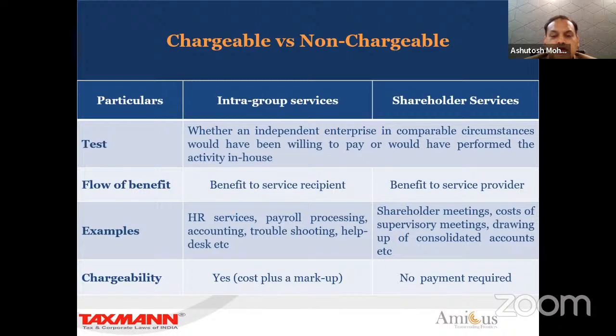The systems, processes, overall the delivery will be better. So this directly benefits the parent company or the head office, and therefore there is no requirement for a separate charge for these kind of services.